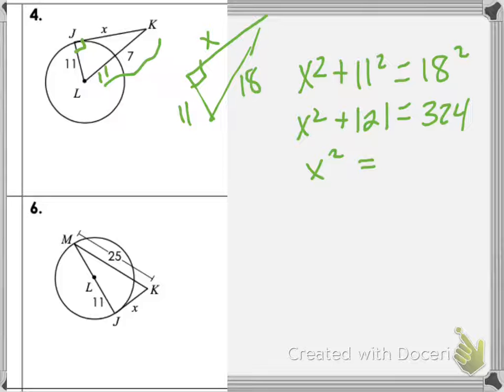Subtract 121 from both sides and get 203. So x is the square root of 203, or about 14.25. Again, I hope I'm not making handwriting issues here.